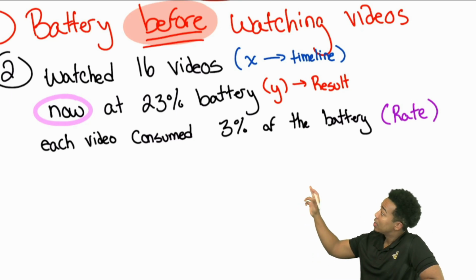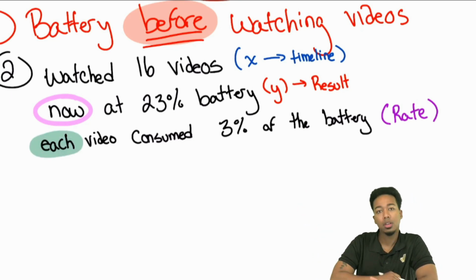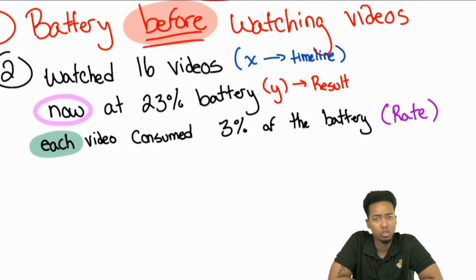So read this here. Each video. Everybody, is it true that the word each is synonymous with the word per? Is that true? Yes, it is true. So here's another way that you can write this down.